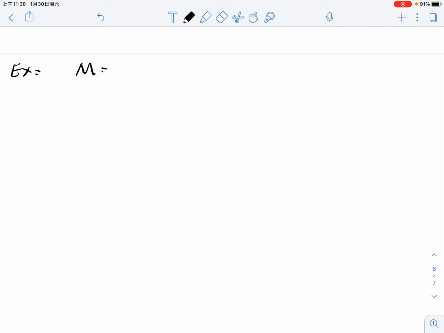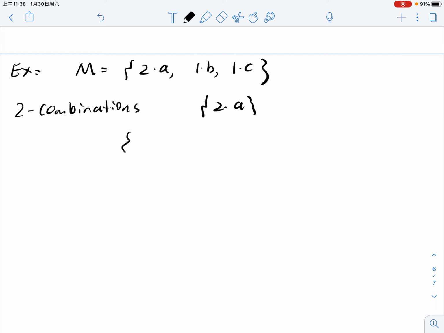Now let's look at some examples. Suppose M is a multiset 2A, 1B, 1C, and then two combinations. So you choose two elements. So then you have 2A, AB, AC, BC.